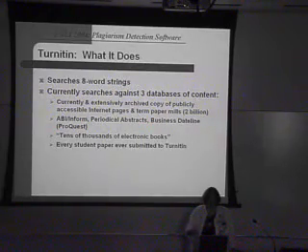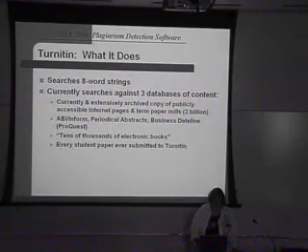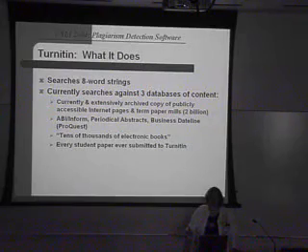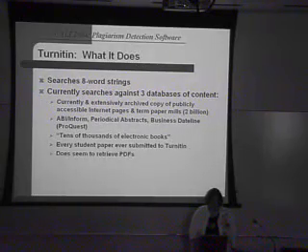It can search against it, and I'll show you an example, but it can search against every paper that's been submitted. So if there are fraternities out there that have a constant cycle of papers that they give to each other, eventually they'll maybe show up in Turnitin, and you'll be able to nail the people.